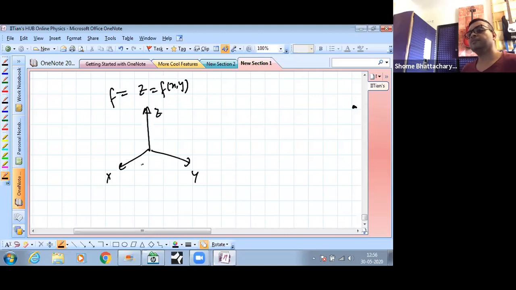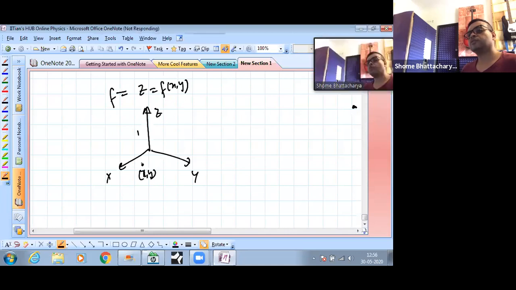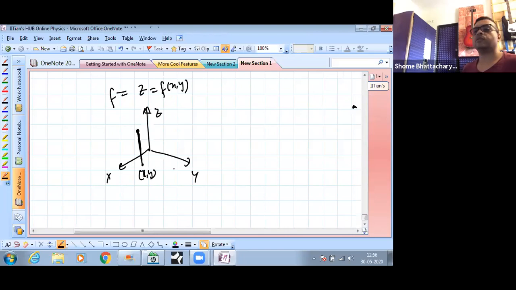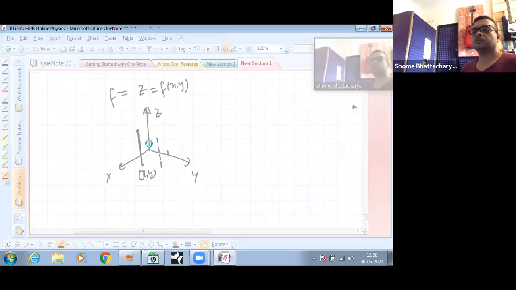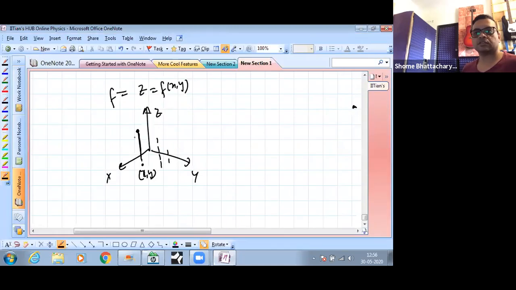At any particular point x comma y, you'll have a particular z coordinate. So you can think of a building of that height. That is the z coordinate. At various different points where you draw this, the collection of points that you get, x, y, z, will give you a surface.